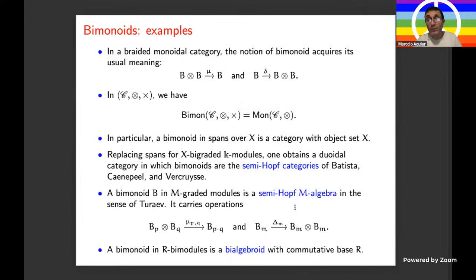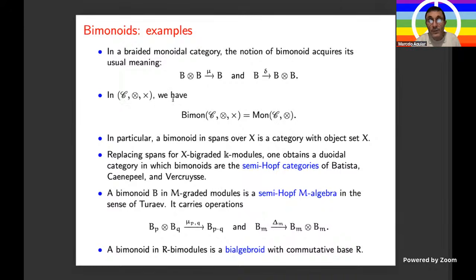What about examples? Well, if we specialize this definition to the case of braided monoidal categories, we get the usual notion of bimonoid. So for example, in vector spaces, under the usual tensor product, we get the usual notion of bialgebra, and so on.